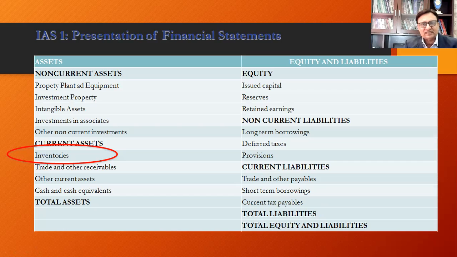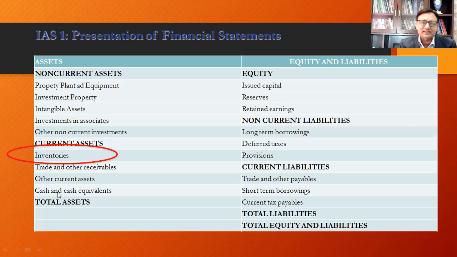If different companies use different methodologies for the valuation of inventories, they will have their own models which may not give the correct view of the valuation of inventories in their organization.